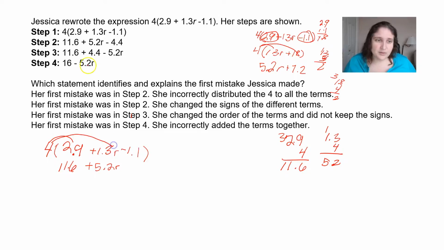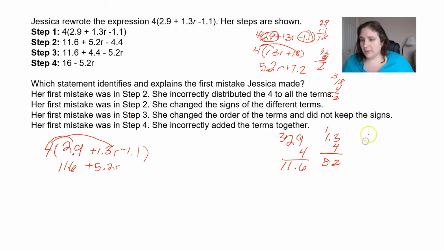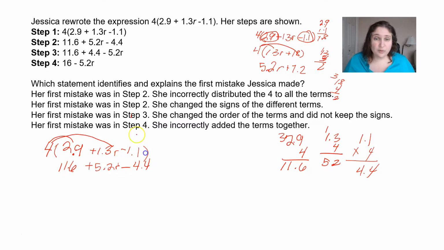So this is correct. So far we've got 11.6 plus 5.2r. And then we've got the 1.1 times 4, which gives us 4.4. So minus 4.4. So far, her first step to second step is correct, the way that she did it.